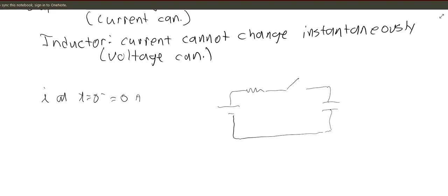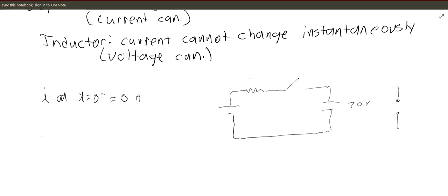The switch was open and the capacitor was charged to 20 volts. But if the switch was open, there was no current flowing, and under DC conditions, a capacitor acts like an open circuit. So there was no current flowing at t equals 0 minus.